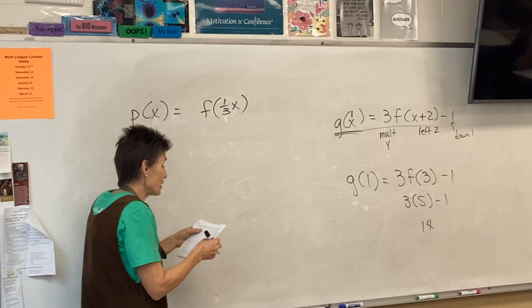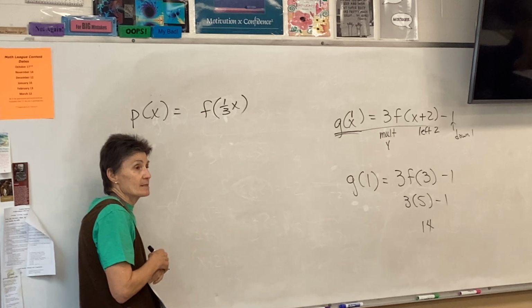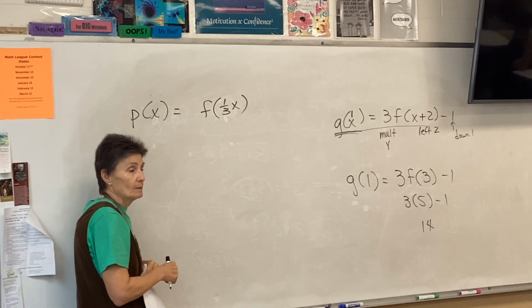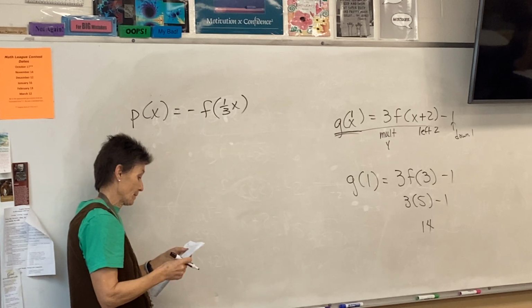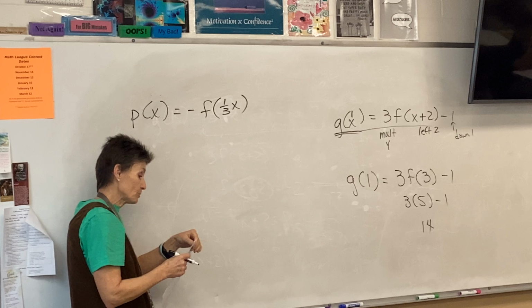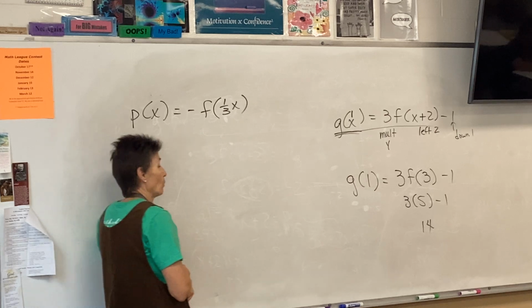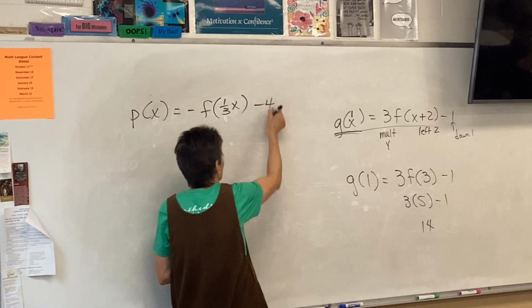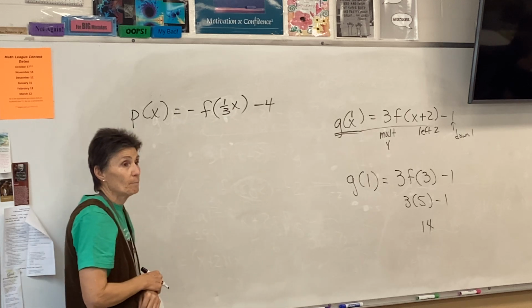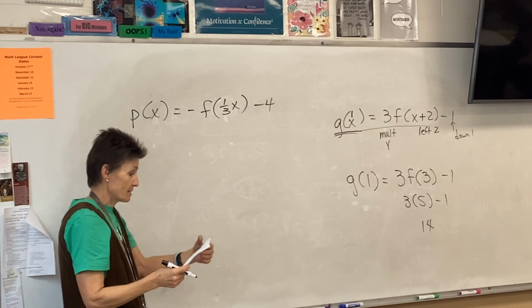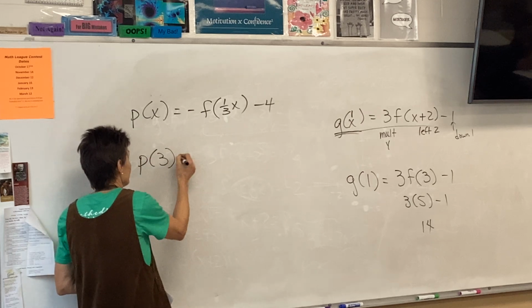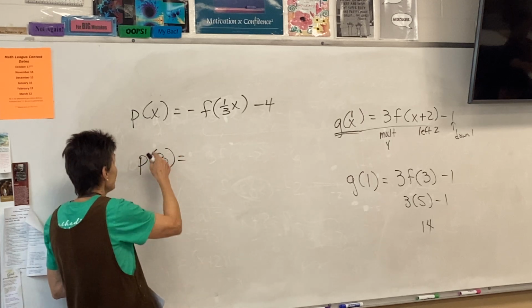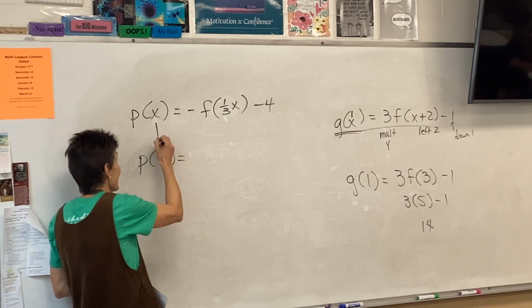A reflection over the x-axis. Negative out here. And a vertical translation of -4. So there it is. This is what the p function does. So we need to find p of 3. So again, p of 3, that's x now.